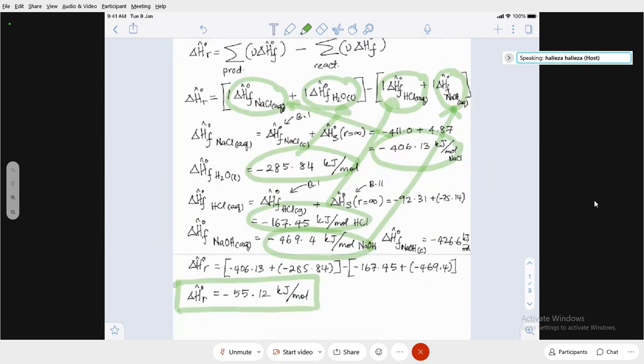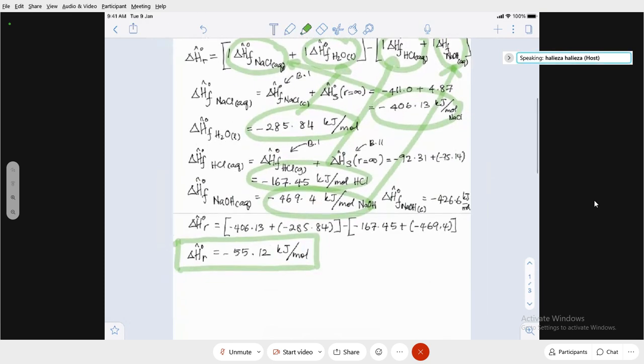Again, I need to mention this. Your heat of formation of the solution can be calculated according to this equation. You get the heat of formation of the solute from appendix B1, and the heat of mixing you can get from appendix B11, if it's available.